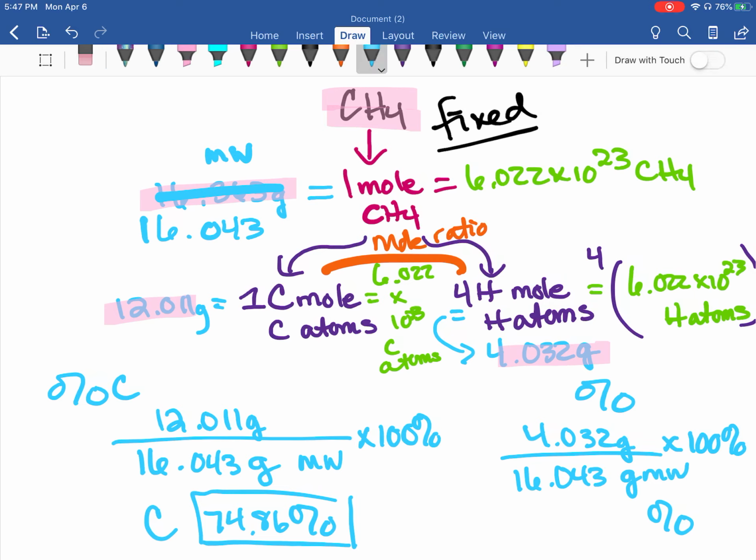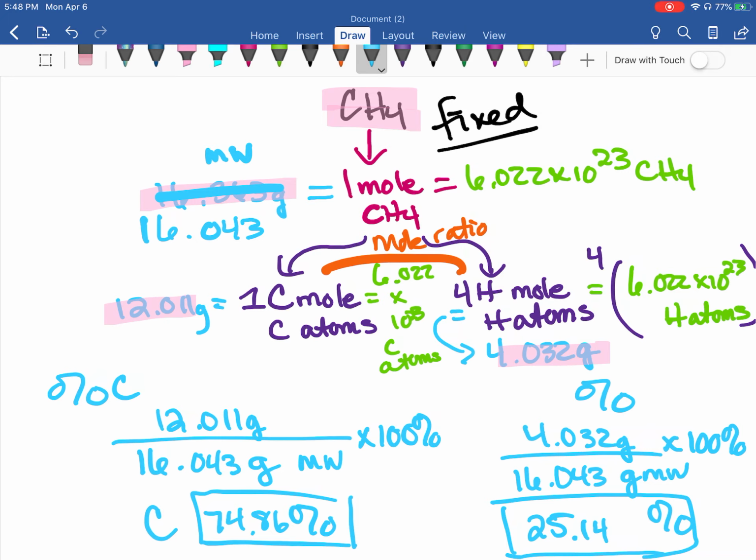And we are going to get, let's see, 25.13%. All right, are we closer to, yeah, let's make that a 4. There we go. All right, are we closer to 100% then? We should be. All right, now these percentages, they don't change.